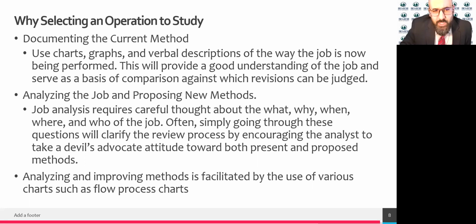These are the things that we need to look at carefully and ask these questions. Often simply going through these questions will clarify the review process by encouraging the analyst to take a devil's advocate attitude toward both present and proposed methods.